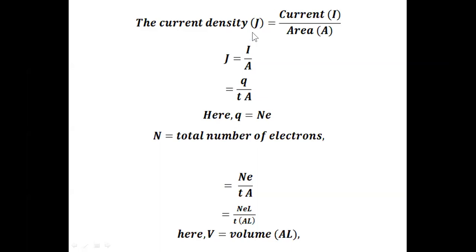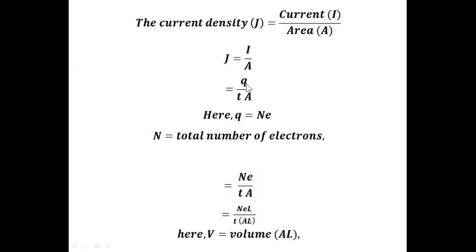Current density is nothing but the net current flowing through a unit cross-sectional area. That means the current I divided by the cross-sectional area A is J. Current density J is equal to I by A.